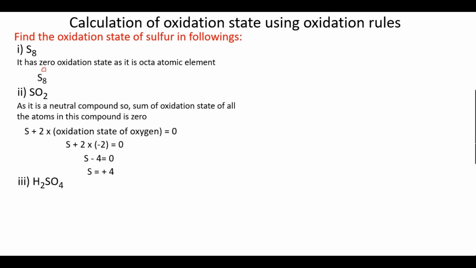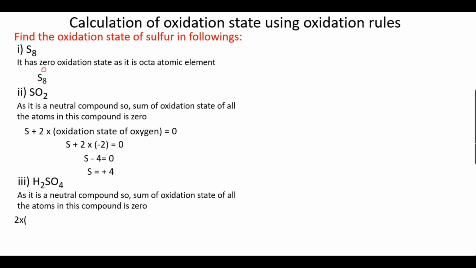Another example, now we have more atoms. We have a total of 7 atoms in this molecule: 2 of hydrogen, 1 of sulfur, and 4 of oxygen. Again, as we learned, in a neutral compound the sum of the oxidation states of all the atoms must be 0. So we are going to make an algebraic expression with 2 hydrogen atoms, each with the oxidation state of hydrogen that we know from the rules, which is plus 1.